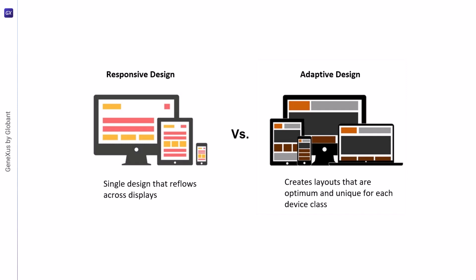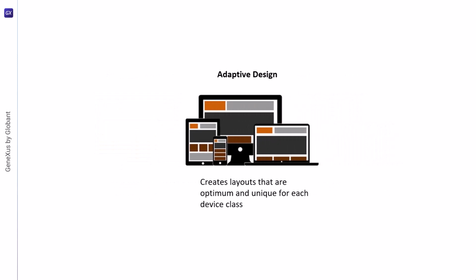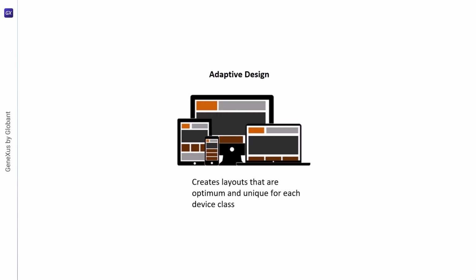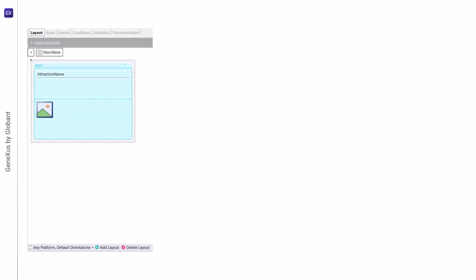GeneXus allows us to implement applications with both design approaches, but now we'll focus on adaptive design, creating multiple layouts for the same object. When we create a panel, a default layout is already created, which is the one we've used so far.